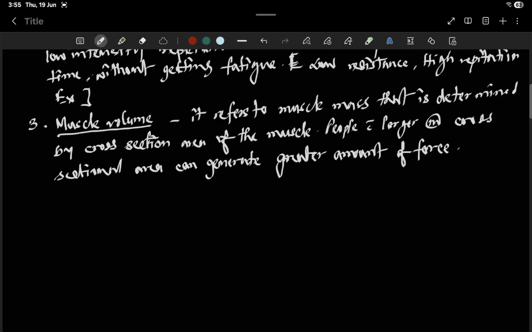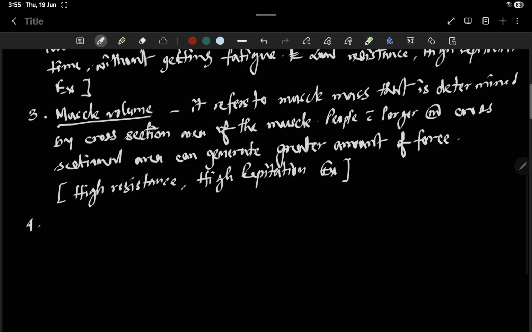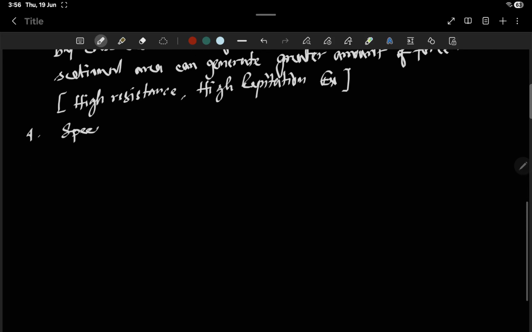muscle. People with larger muscle cross-sectional area will generate a larger amount of force. So it is high resistance, high repetition exercise. Number 4, speed of the muscle contraction.